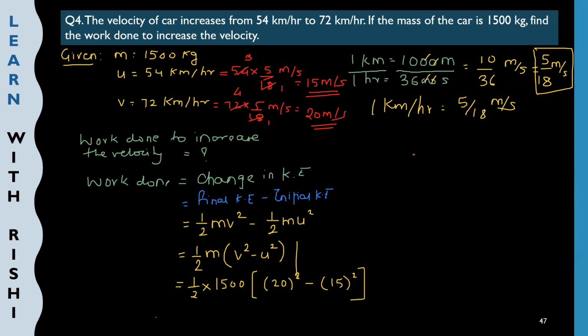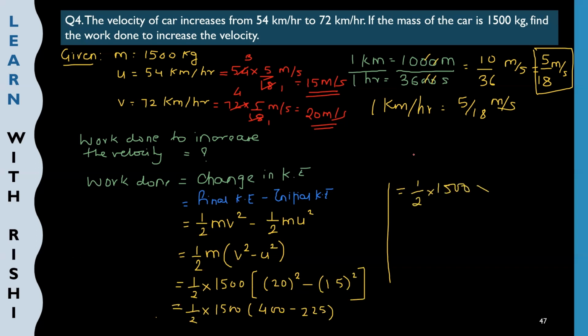First you have to solve the brackets. That is half into 1500. Now the square of 20 is 400 minus square of 15 is 225. That is equal to half into 1500 into 400 minus 225. That is equal to 175.